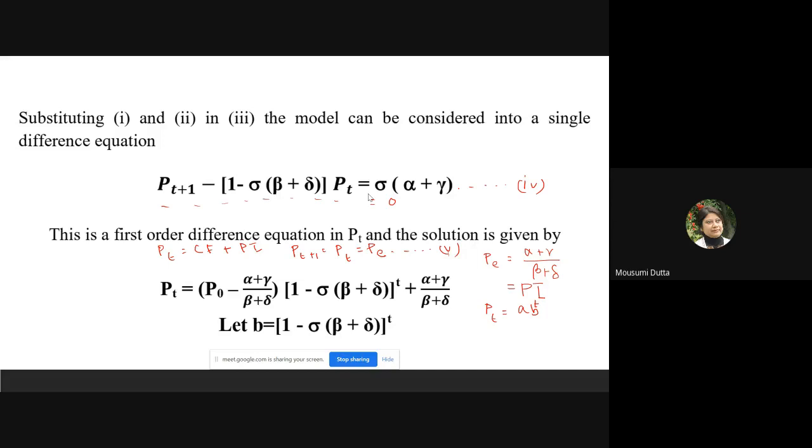In that equation, please put Pt is equal to ab to the power t and Pt plus 1 is equal to ab to the power t plus 1, and find out the value of b. And b is 1 minus sigma into beta plus delta.